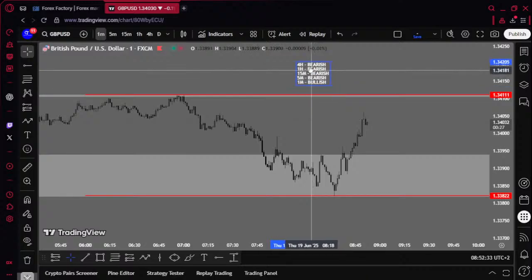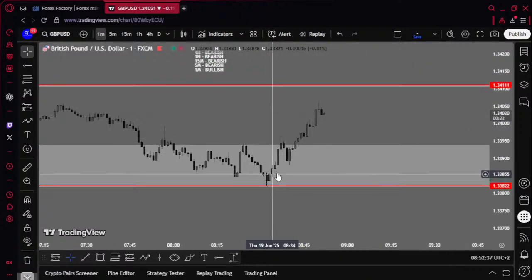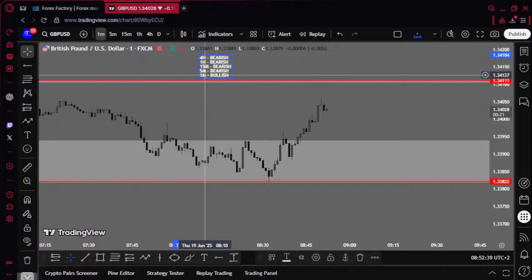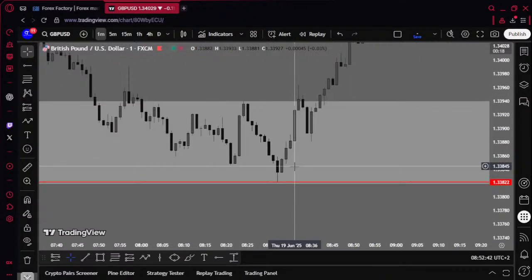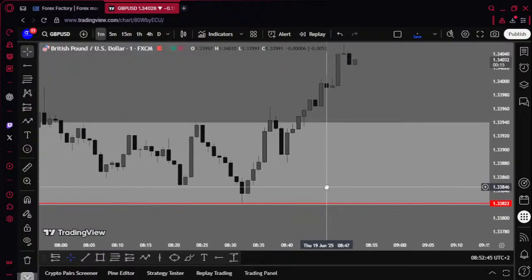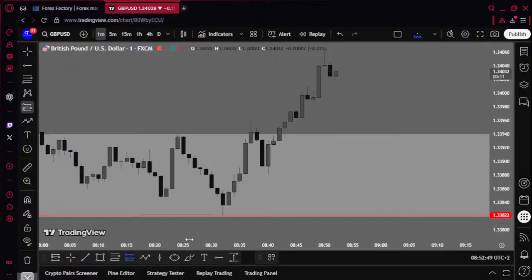So for example, let's say I took a position right here, and I take my entries on the 5-minute. So if I took an entry, let's say right here on the 5-minute, then I'll jump down to the 1-minute and add my positions using the 1-minute.